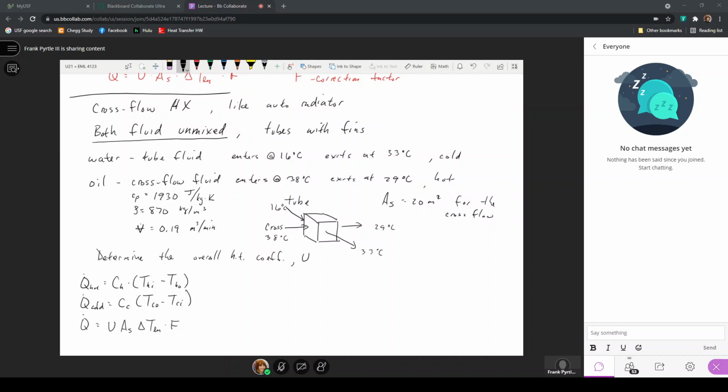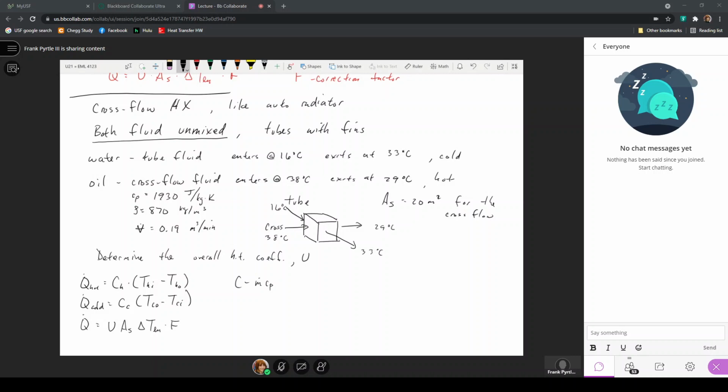The capacity rate is just defined as the mass flow rate times the specific heat. Well, we're only given the temperatures of the water at its inlet and exit. But for the oil, we're given the specific heat, and we're given the density along with the volumetric flow rate here.